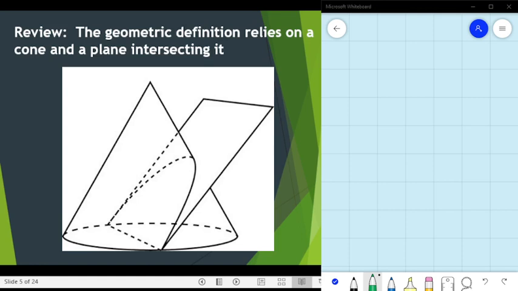When we intersect the cone with the tilted plane, or cut it diagonally with the scissors, notice that you formed a parabola.